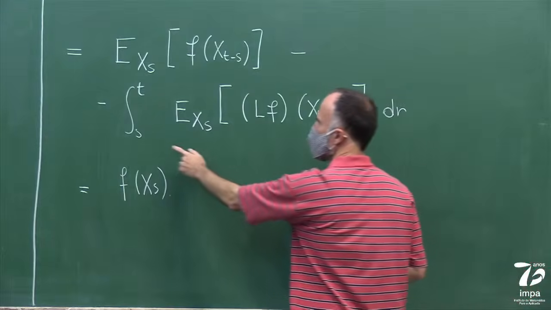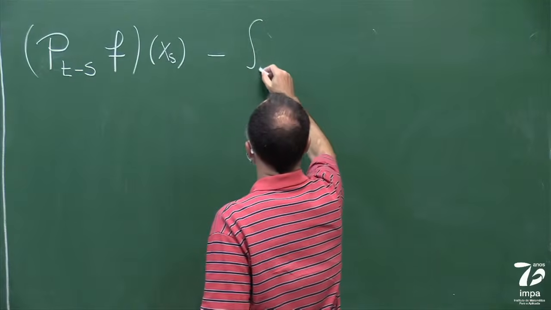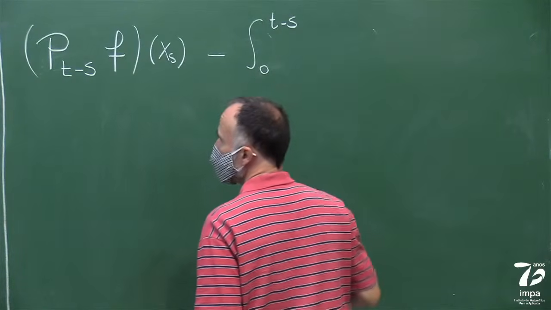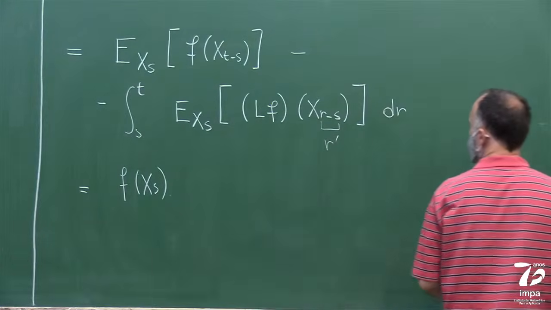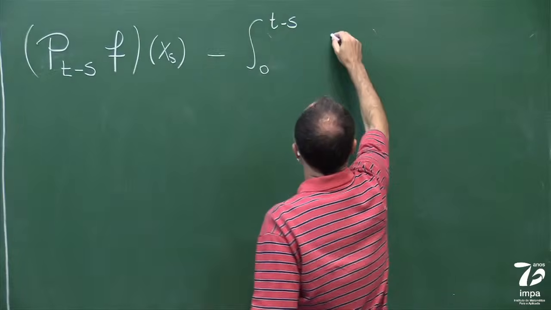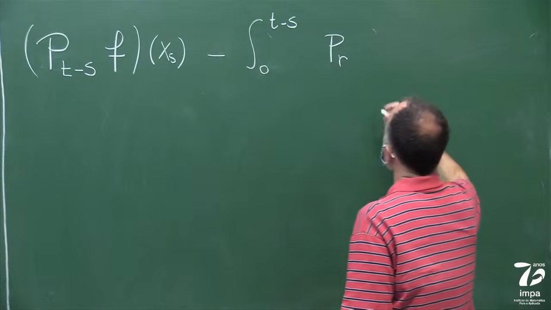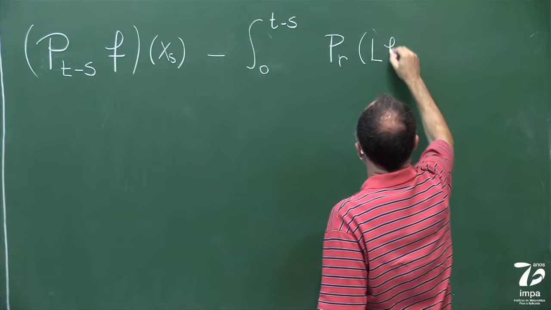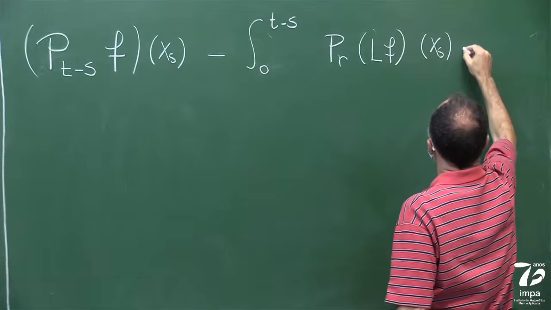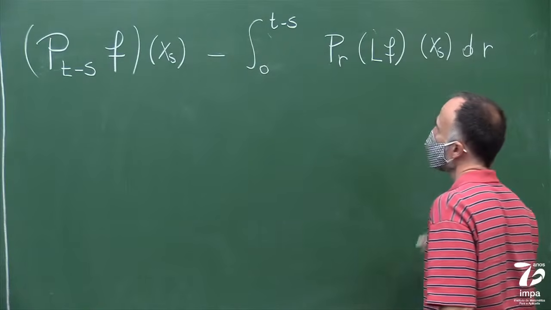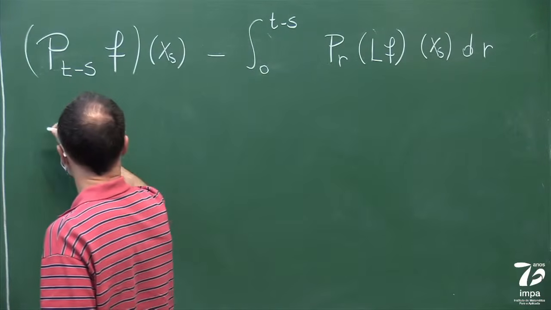So r prime is going from 0 to t minus s. And then, since this is r prime, what I have is P_{r'} applied to the function Lf and computed at X_s.